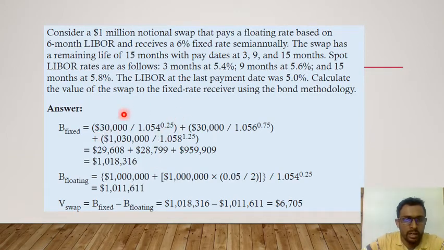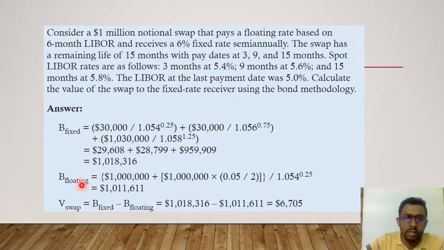That is being done here, and at the last the principal is also brought back to the current period using that 15 months LIBOR rate. So it gives 1,018,316 as the value of the fixed bond.